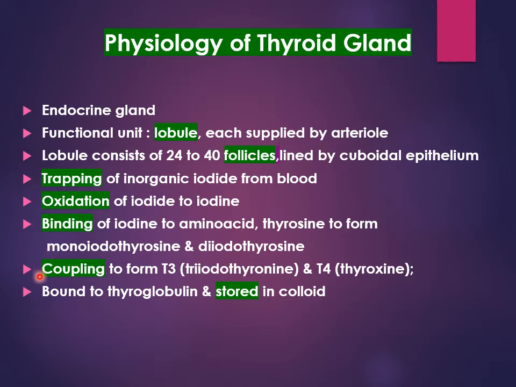And the next is coupling to form triiodothyronine (T3) and thyroxine (T4). And these coupled T3 and T4 are bound to thyroglobulin and stored in the colloid.